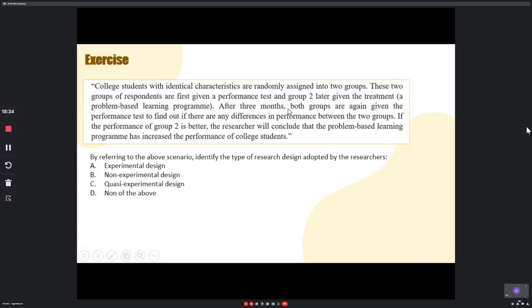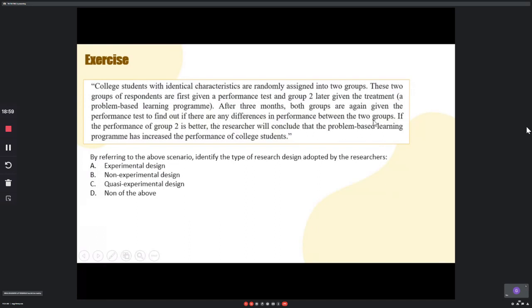So after 3 months, both groups are again given the performance test to find out if there are any differences in performance between these two groups. So group 1 and group 2 go through the performance test first and we measure their performance. Then in the next 3 months, group 1, we just leave it. Group 2, we give them the learning program.